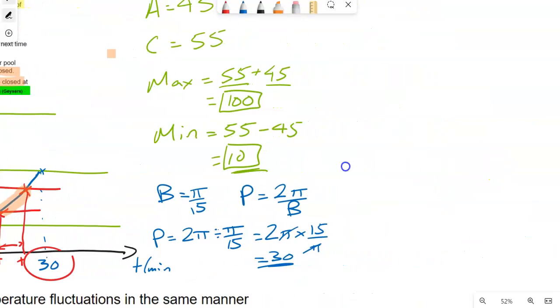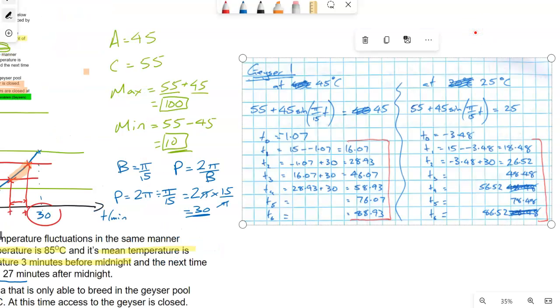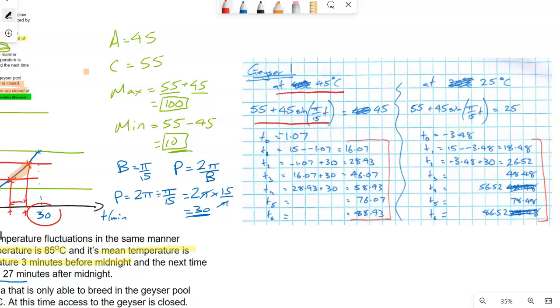So now if I just scroll, where did it go? Just a sec. Right, there we go. If we go over here, we see this is showing that we know what we're talking about. Now, when the geyser is at 45 degrees, we're solving that equation equal to 45.